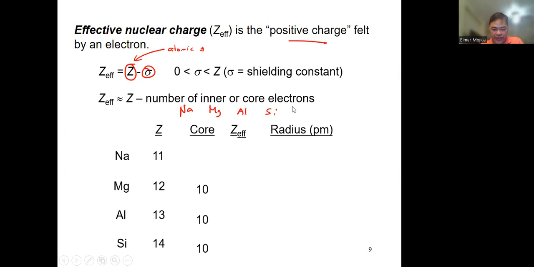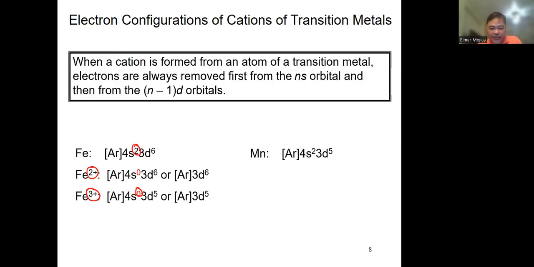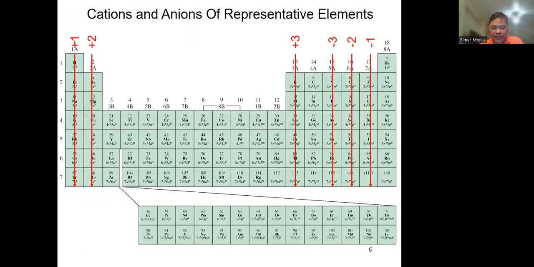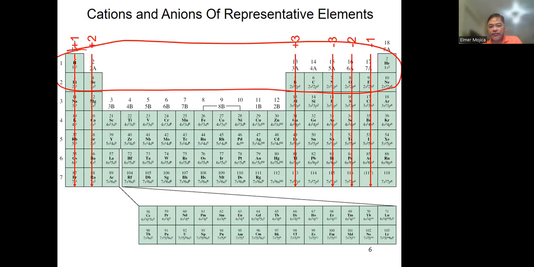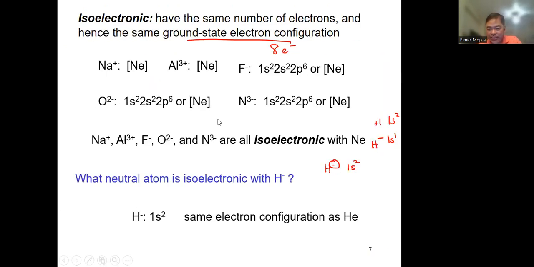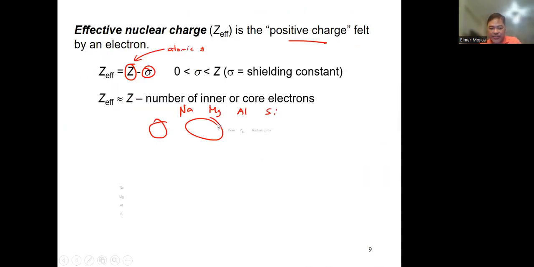Look at the atomic number. They are increasing. Now, the core that you have there, that's what we call the inner or core electrons. You're moving from here, here, until here, so that means they have all the same core electrons. The one that is changing is their outermost electron.